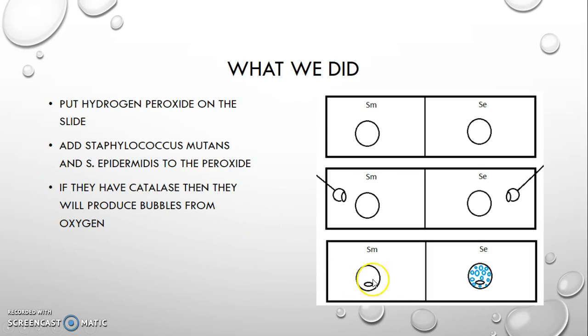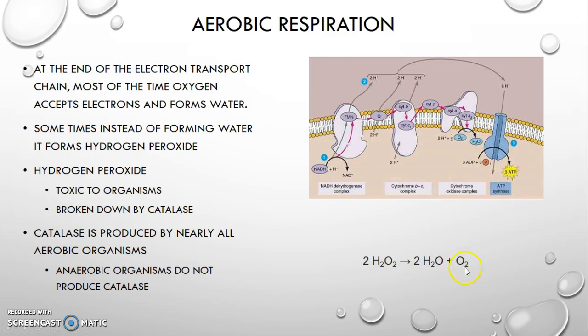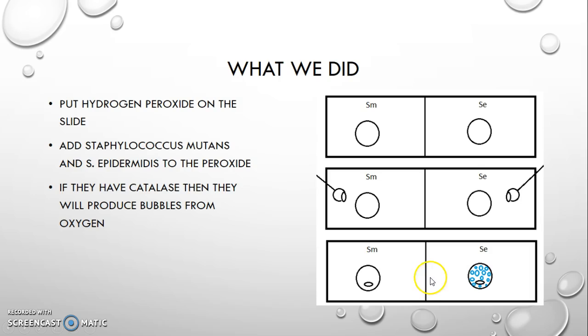And what we found was that Streptococcus mutans just kind of laid there and nothing really happened. But with Staphylococcus epidermidis, we saw the production of a whole bunch of bubbles right here. These bubbles are oxygen from this reaction. So if you see the production of bubbles, you know that this reaction is occurring because you see the O2 bubbles form.